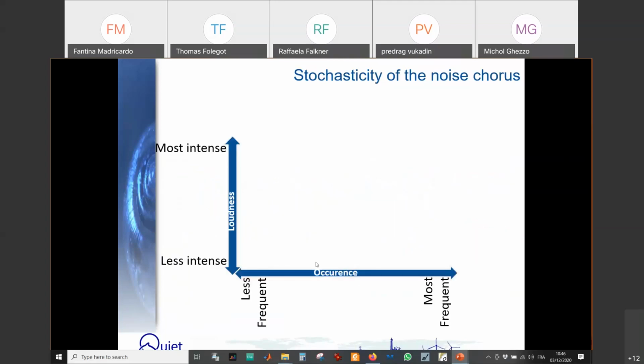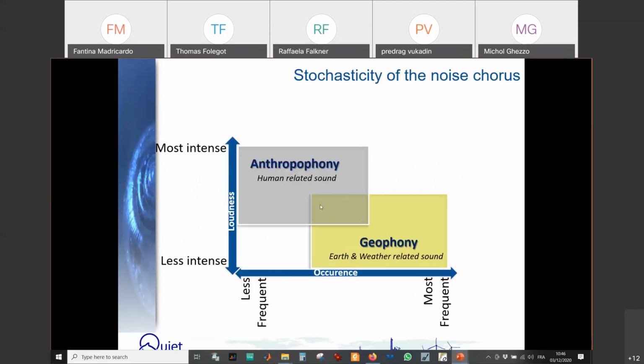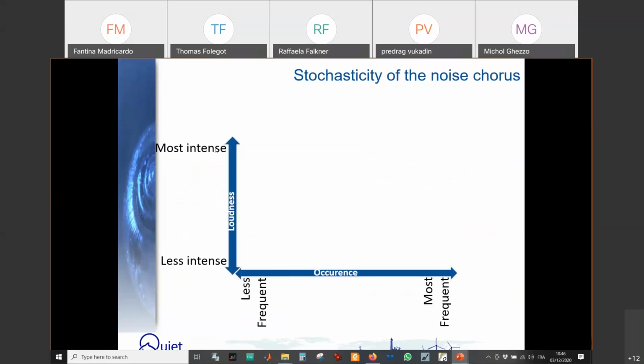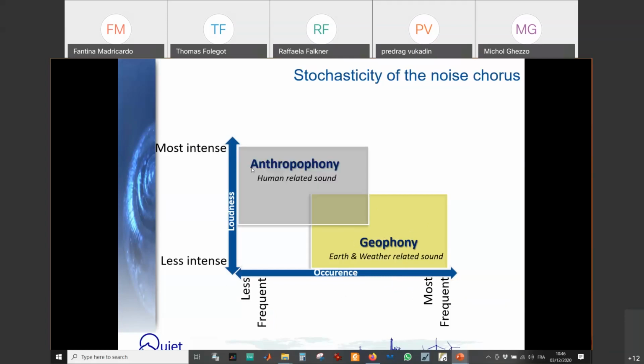So if you put that on a graph, if I draw a graph where here on the y-axis it's the loudness, okay, so low noise and high noise, and the occurrence, less frequent to most frequent, what you will have, if you put your sound on that graph, is the natural sounds that are most frequent but less intense, and the human sounds are usually more intense but less frequent.